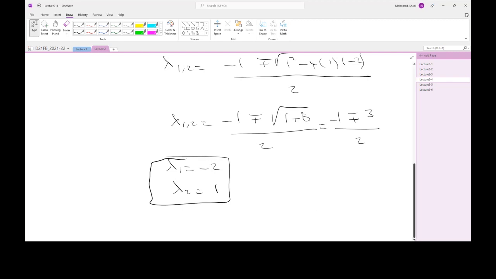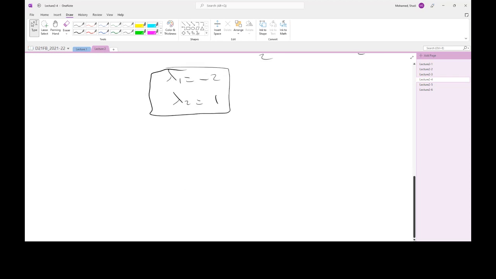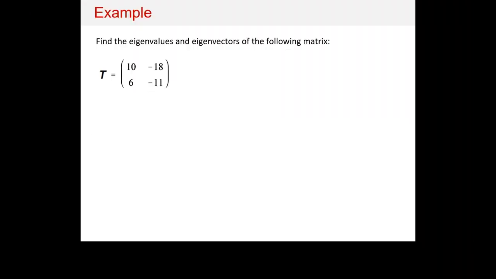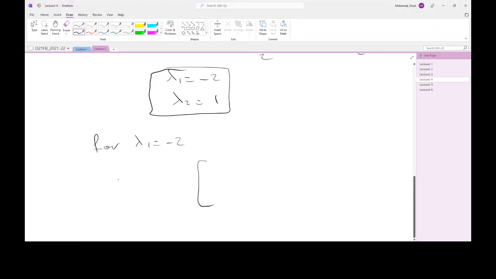Okay, great. And then we need to find the eigenvectors. So the eigenvectors are found by substituting for lambda 1. For lambda 1 equal to minus 2, we have the matrix itself, the original one, 10 minus 18. I'll have minus 2 in there. It's 10 minus minus 2, I'll probably just make it plus 2. And then you have minus 18.